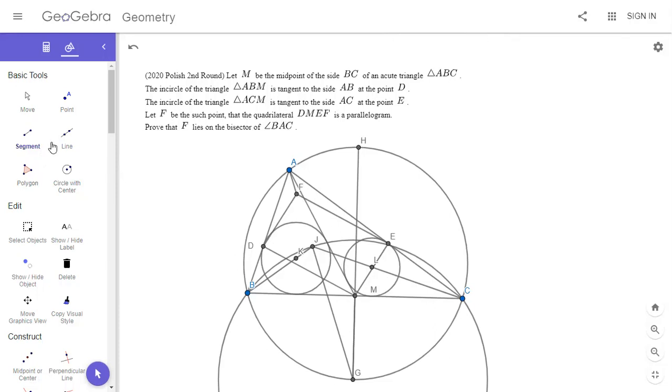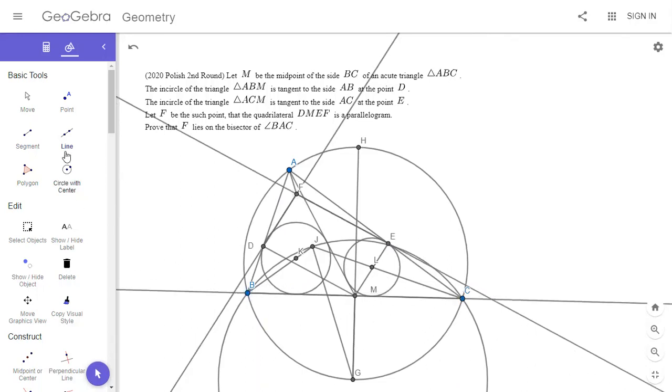Let me extend these two parallels to meet BC. We want to show ID, NE, and GJ concur.